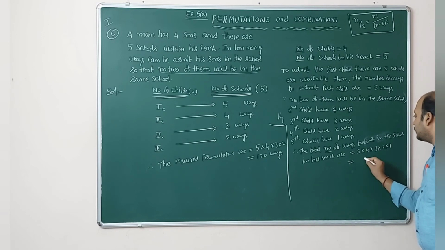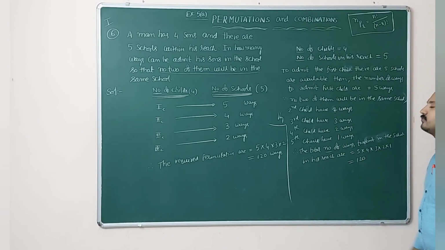So the possibilities are 120. These are the possibilities. We have 120 ways.